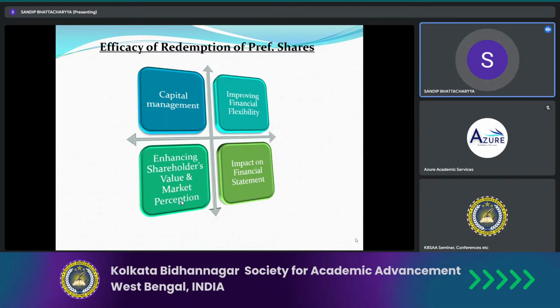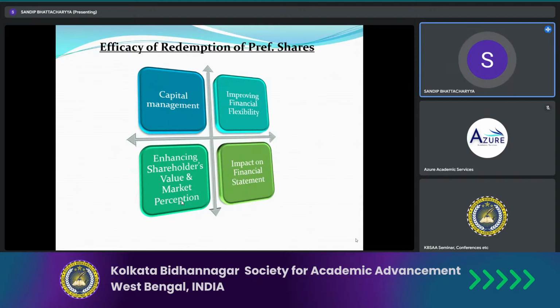And what is the impact on the financial statement? As you know very well, my dear students, the financial statement must be an organized form of the financial data that will be placed in front of the stakeholders of the company, so that on the basis of this financial data, the stakeholders must know the exact position of the company, whether they should invest, if there is enough potential, or whether they can withdraw their investment from this company.